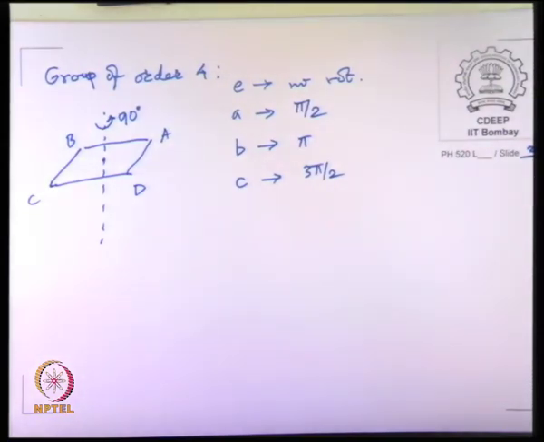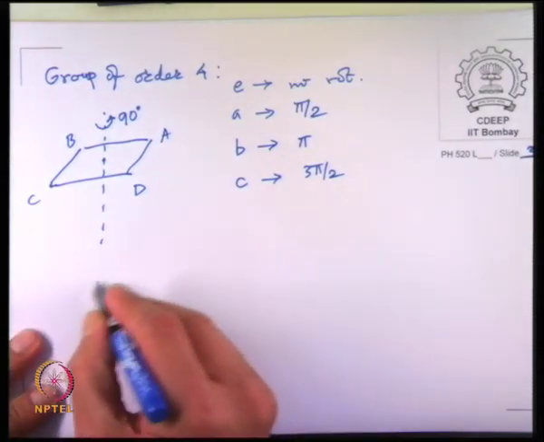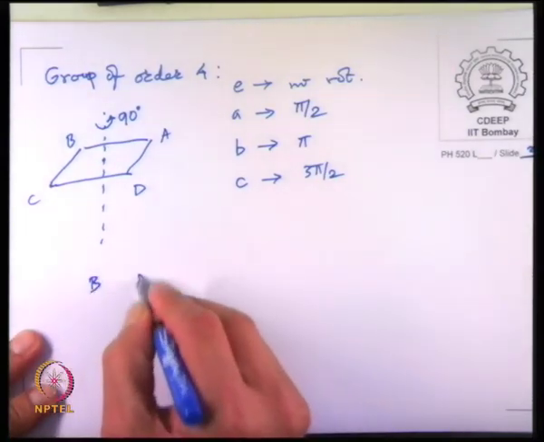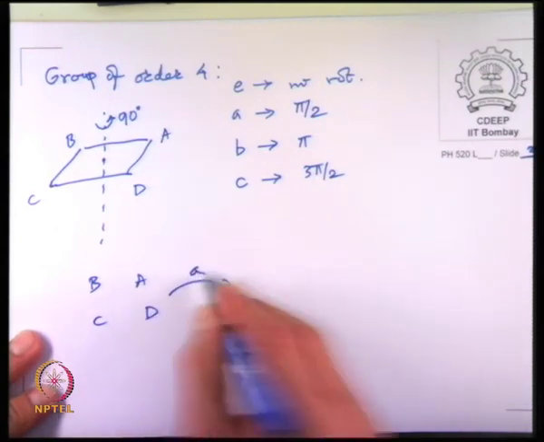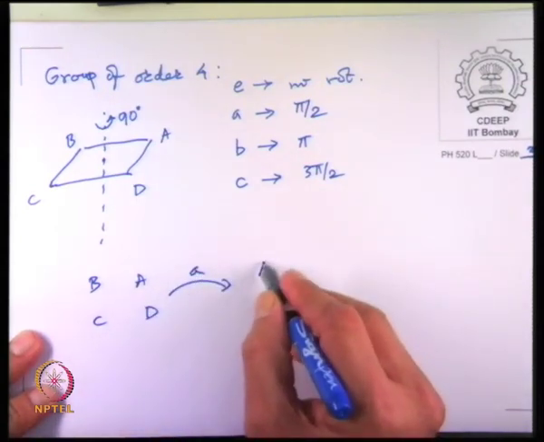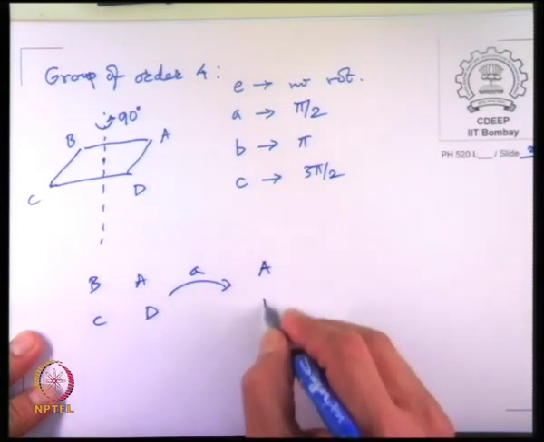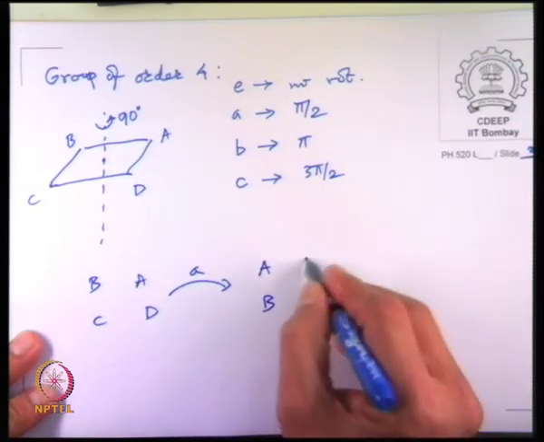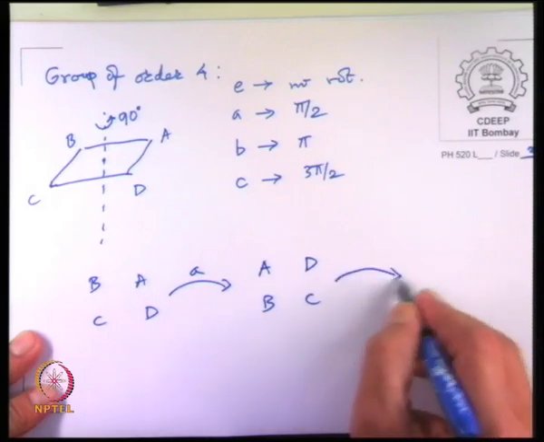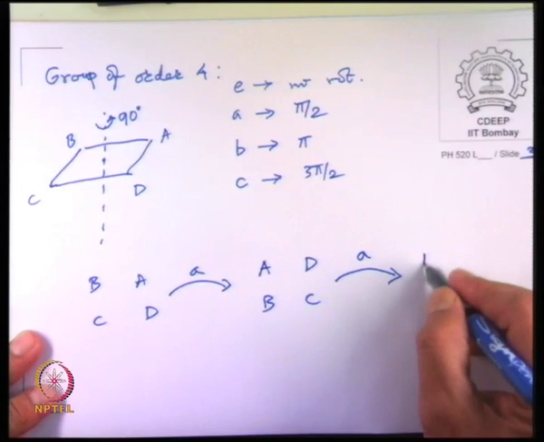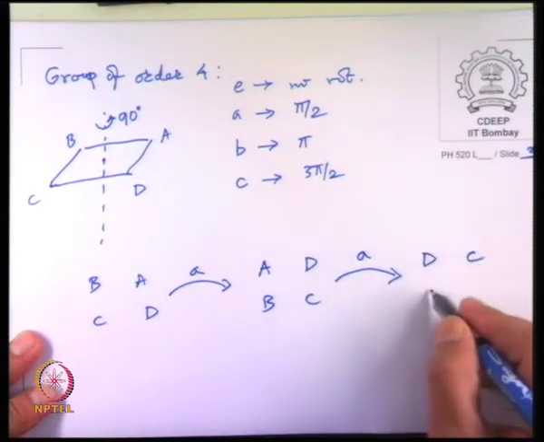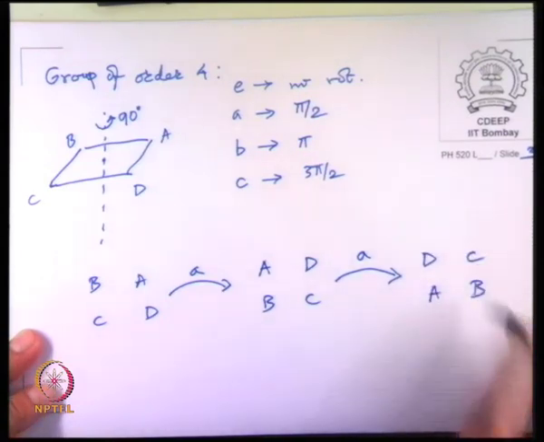Okay. So if I have A, B, C, D, let us draw a smaller picture. If I do operation A, it becomes A, B goes here, C goes here, D goes there. If I do another operation, it is still operation A, but now it becomes D, C, A, B. Okay.